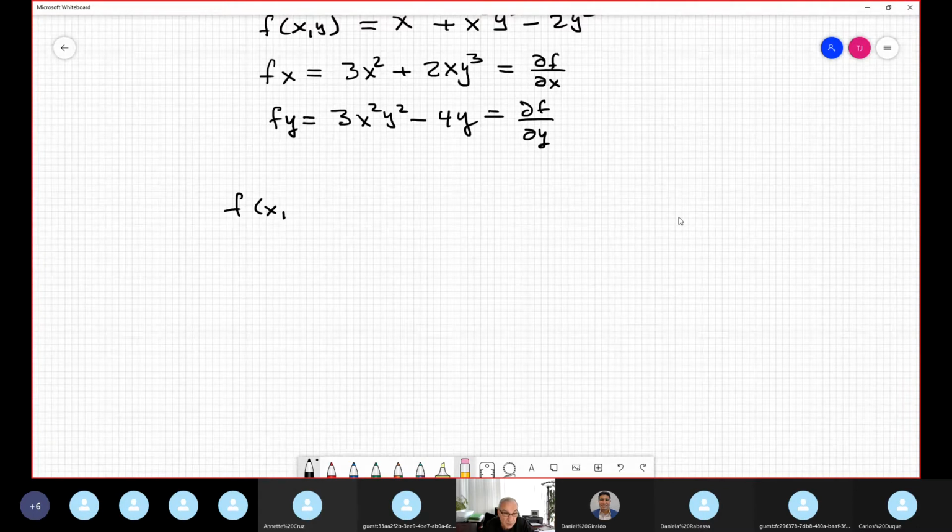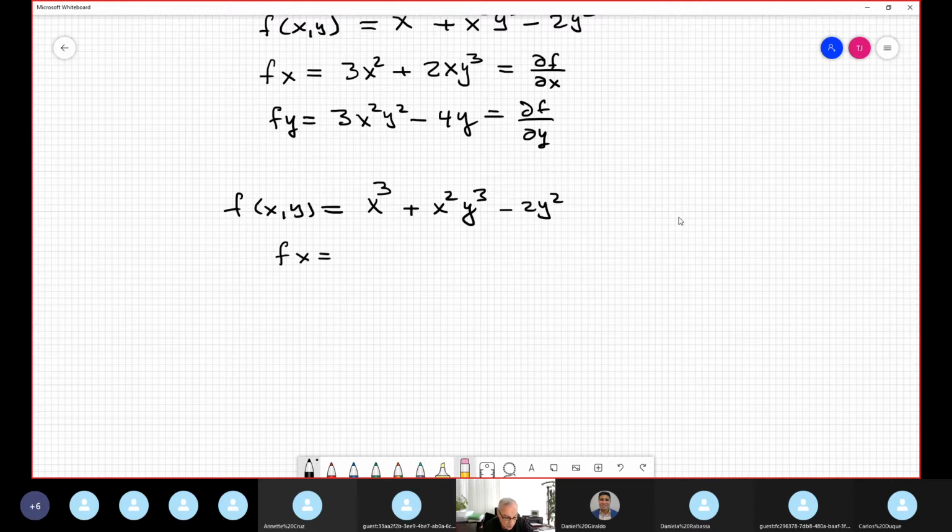f(x, y) is equal to x cubed plus x squared y cubed minus 2y squared. Okay, let's do it again. Partial derivative with respect to x. Bueno, es 3x squared, ¿no? Plus, with respect to x, 2x y cubed.